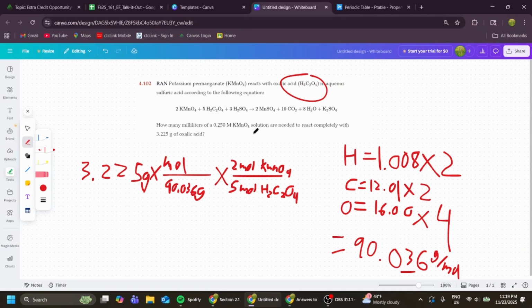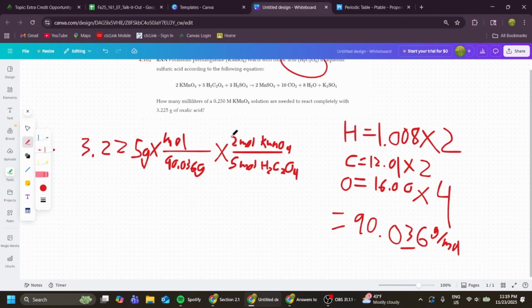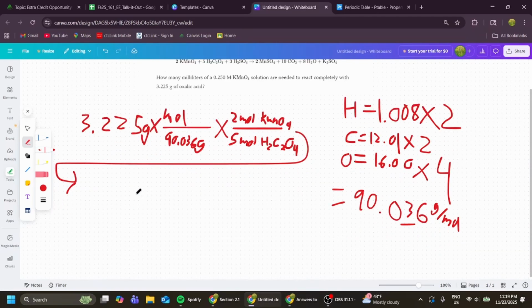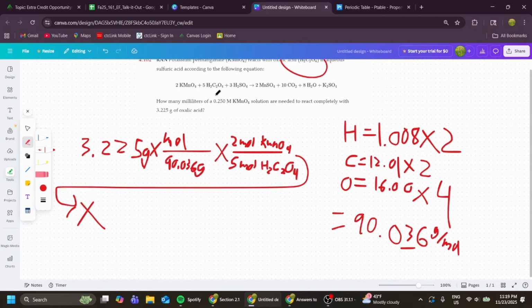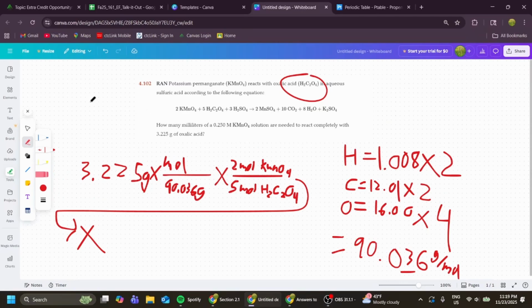So from there we want to get the milliliters. Go from moles to milliliters. So first we have to go from moles to liters using the molarity right here, and then we can convert the liters to milliliters. So moving this downward over here, we want to multiply it by molar. So we know that molar is moles per liter.